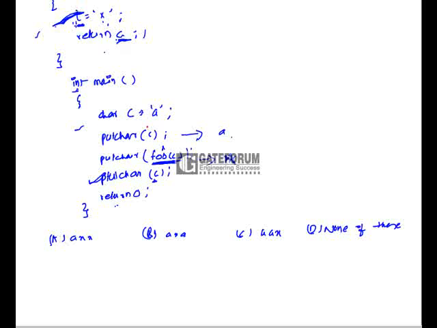So C will be A only when it is in the main function. So putchar on C is called, and here C is nothing but A. So again A is displayed. So overall the characters A, X, A are displayed. So here the correct option is option B.